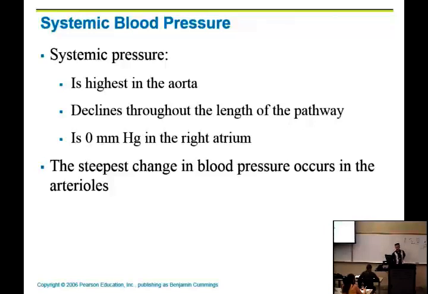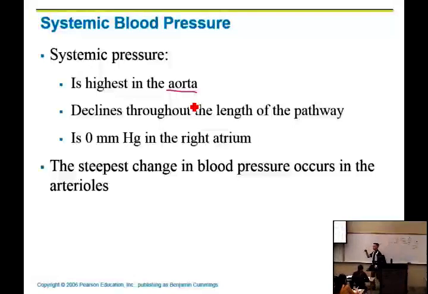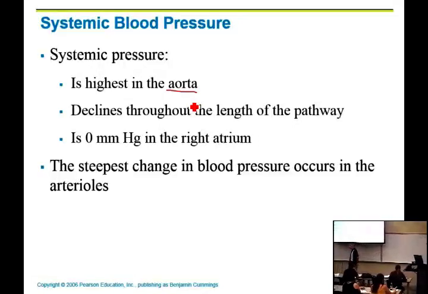Okay, so like we said, the blood pressure itself is going to be highest when we're right coming out of the heart. So the very first and biggest artery coming out of the heart is the aorta. Of course, we have the pulmonary trunk as well. We have coronary arteries too, but this one's the biggest diameter. Most of the blood volume is going into that aorta. And the further it goes around this loop, the more it's going to be dragging on the walls, and the further it's going to be away from the heart.